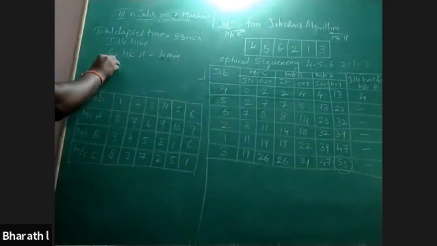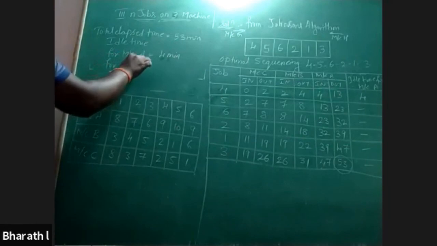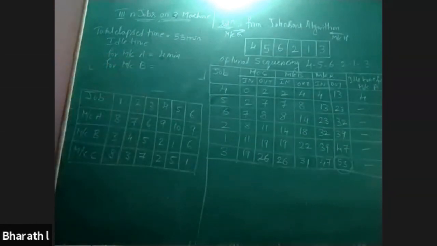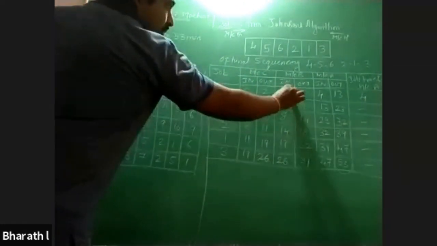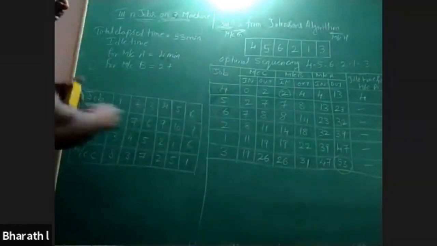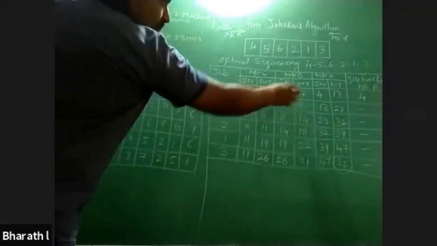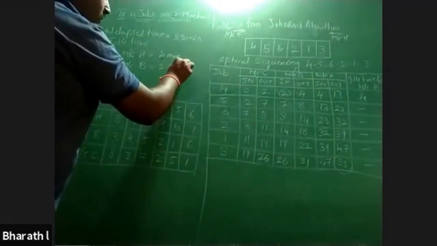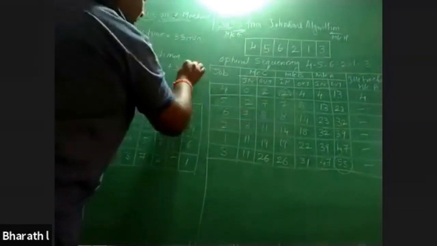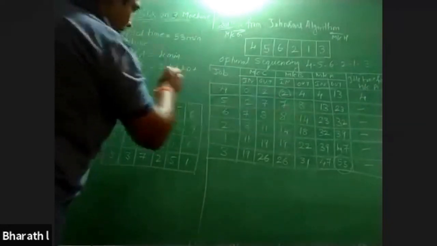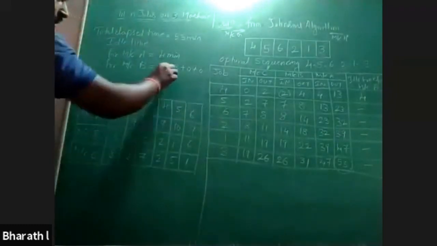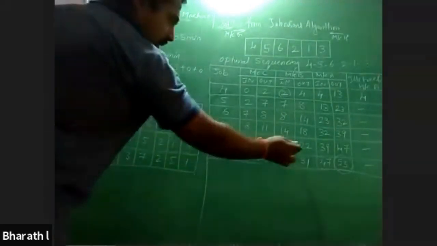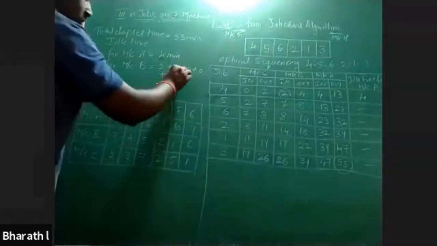Then similarly for machine B. For machine B, in the machine B column, it has to wait for 2 minutes. This 2 is idle time. Plus, you need to check with respect to the diagonal. 7 minus 4 is 3. Plus 8 minus 8, 0. Plus 14 minus 14 is 0. Plus 19 minus 18 is 1. Plus 26 minus 22, we will get 4.